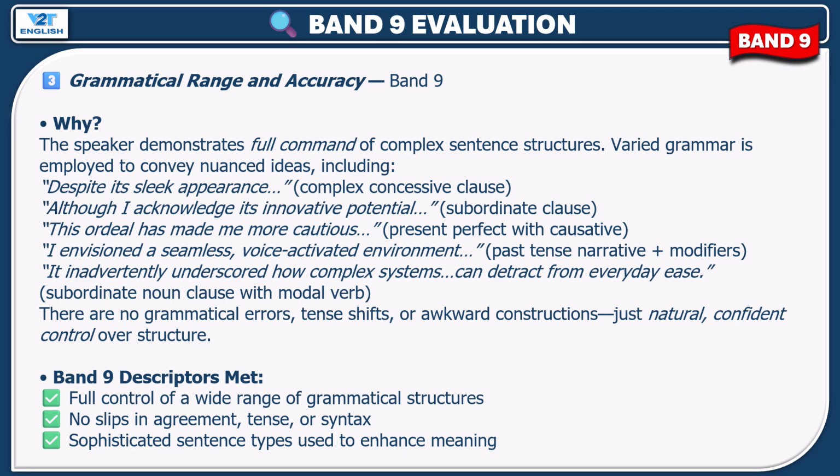Varied grammar is employed to convey nuanced ideas, including "despite its sleek appearance," a complex concessive clause; "although I acknowledge its innovative potential," a subordinate clause; "this ordeal has made me more cautious," present perfect with causative; "I envisioned a seamless, voice-activated environment," past tense narrative with modifiers; and "it inadvertently underscored how complex systems can detract from everyday ease," a subordinate noun clause with modal verb.